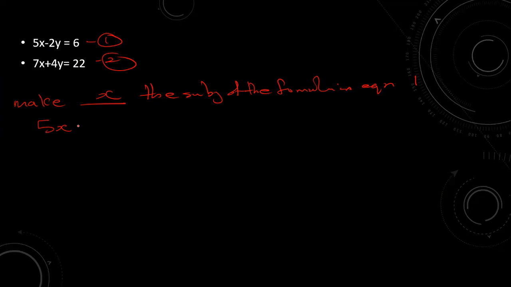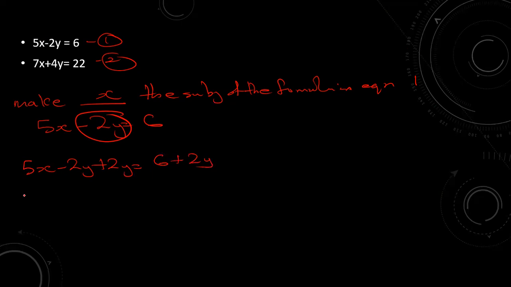So 5x minus 2y equals 6. Okay, we want to make x the subject of the formula. So since it is minus 2y, we add 2y to both sides. Okay, 5x minus 2y plus 2y equals 6 plus 2y. 5x equals 6 plus 2y.